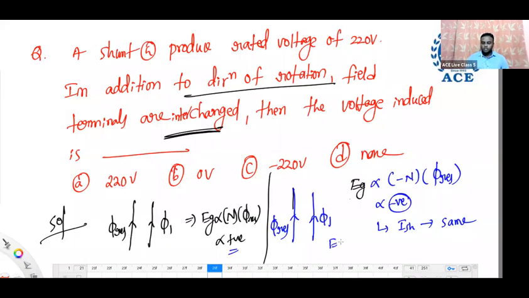So the EMF is inducing, but negative. Try to observe that: the magnitude of flux increases, but the overall EMF is negative. That's why finally the answer is minus 220 volts. Still in doubt? Still need clarity on this?